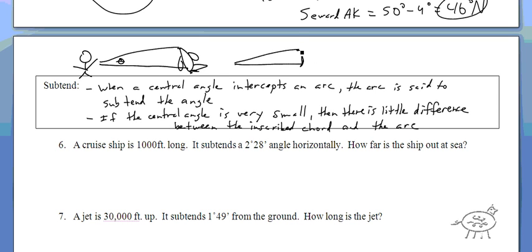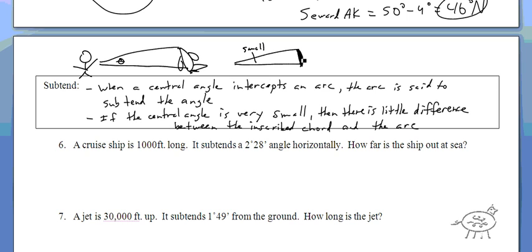Since it is part of a circle, that's a curve here. But the deal is, because that angle is so small, this angle is going to be super small. Then I can treat this, instead of an arc, as a straight line. So it's a straight line and it's an arc.